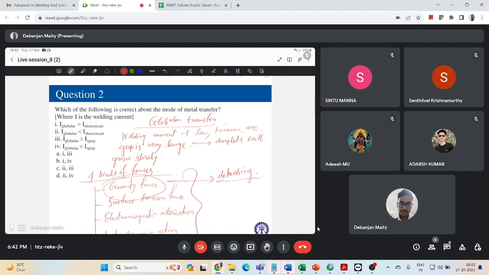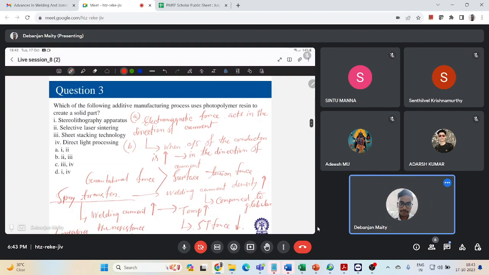What is there in option B? 1 and 4. So 1 is for globular transfer current, which is, of course, more than the short circuit one. This is true. 2 is not true. Yes, this is also true. These are two.